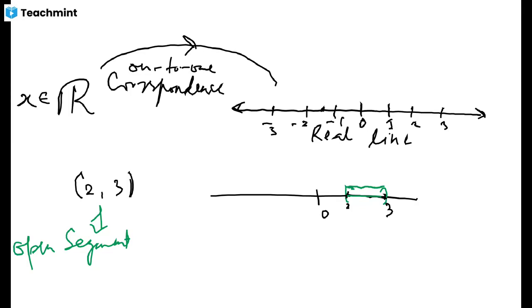Okay. Now, after defining the interval, let's come to the absolute function. This absolute function is a real valued function, and the value given to any real number by the absolute value function is denoted by mod of x.